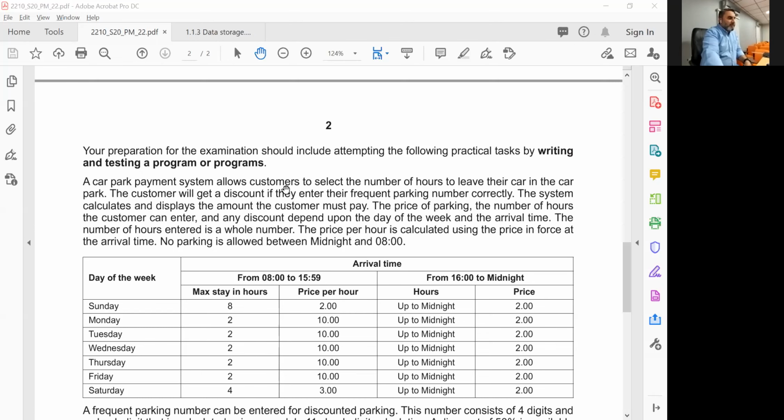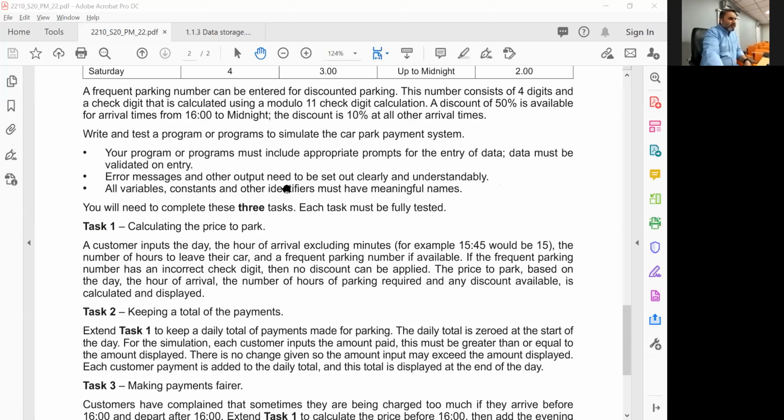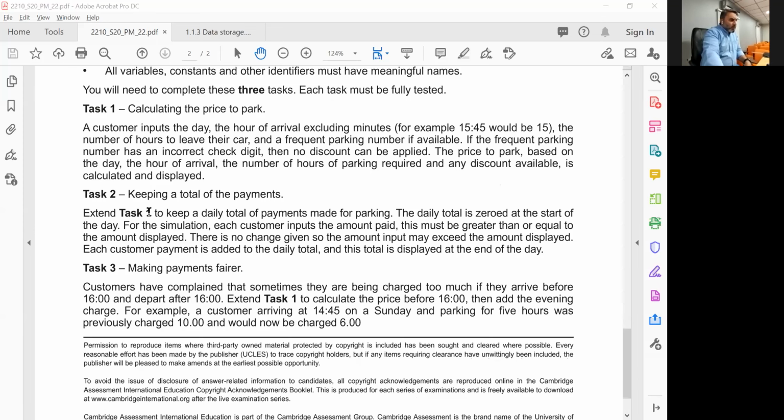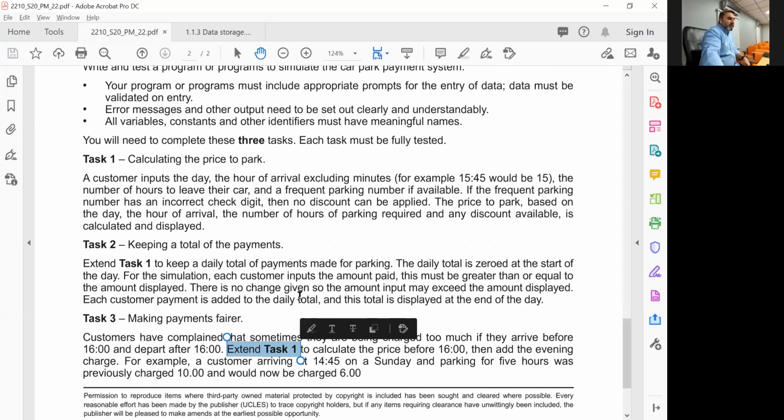The thing is, as you can see, in task 2, the task 1 is being extended. And again in task 3, task 1 is being extended. Unlike all the other times where every task was an enhancement to the previous task and the other task cannot be done until the previous task is done.